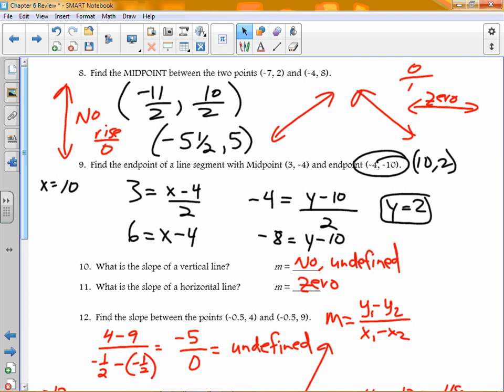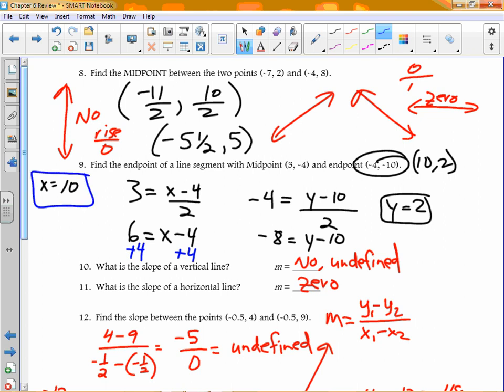Notice in number 9, you're given the midpoint. So you plug the 3 in as the midpoint. So 3 equals some value x minus 4 divided by 2. You cross multiply: 6 equals x minus 4. When I add 4 to both sides, 6 plus 4 is 10. So one of the values of my point, the x, is 10.